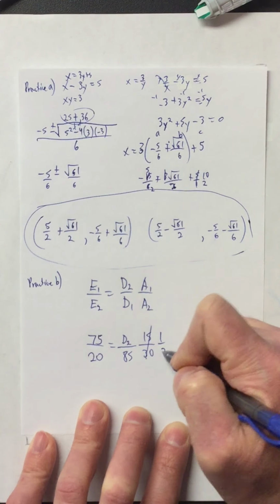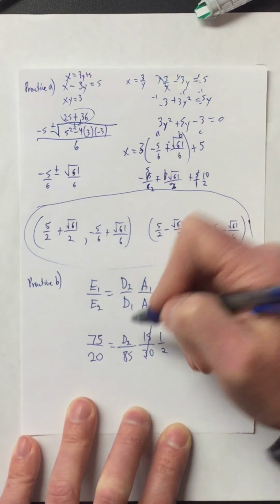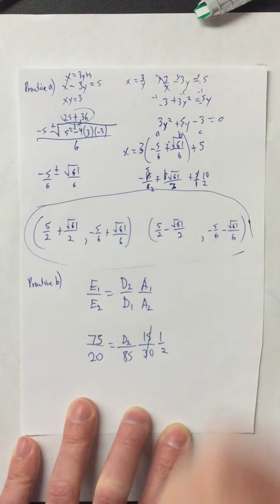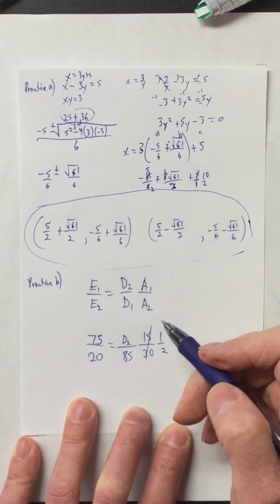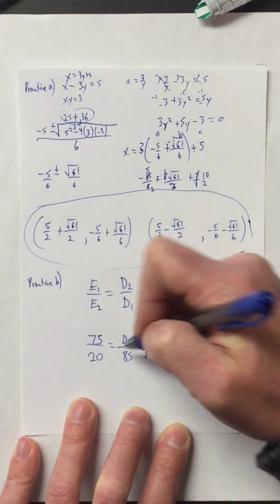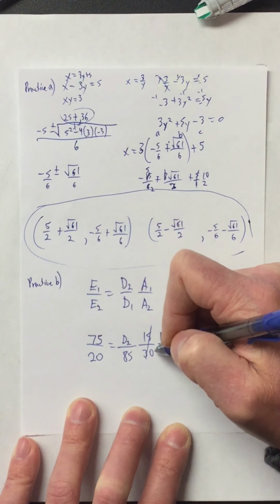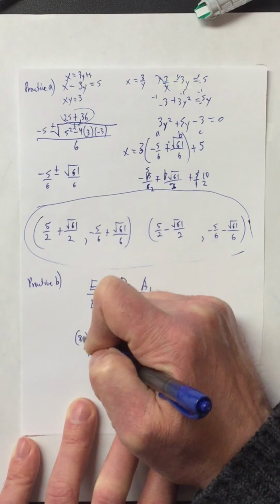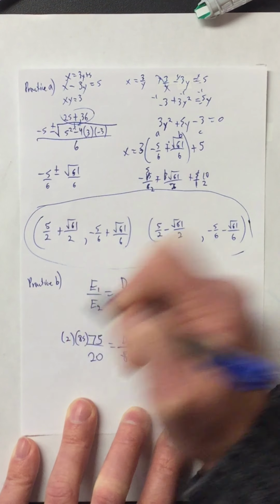30 over 15 is the same as 2, so we'll do that. My variable is already on the top, so that one doesn't have to change. Nope, we're good. So on the top here, cross multiply, we're going to stick it over here. We got an 85 coming up, and then we got a 2 coming up.